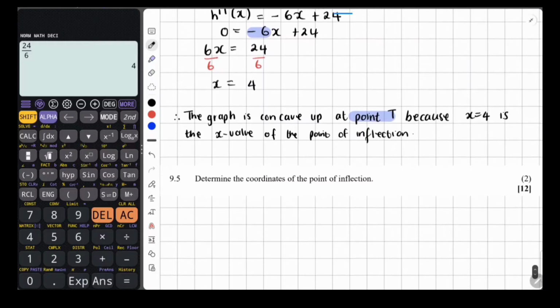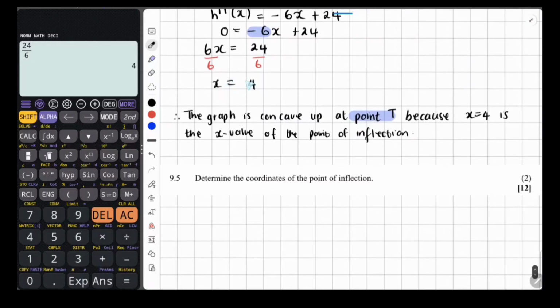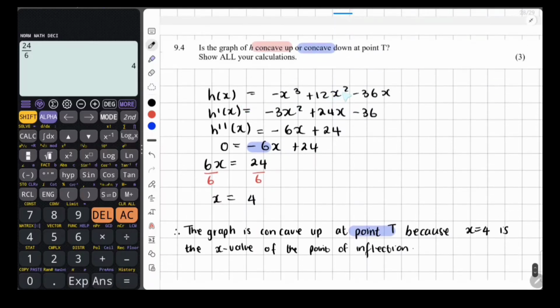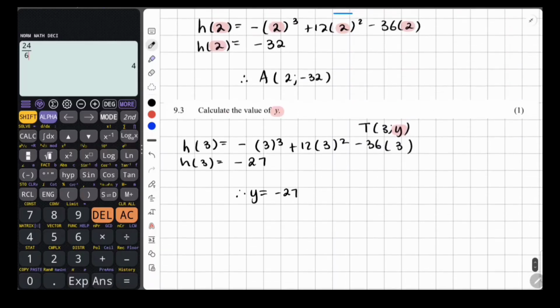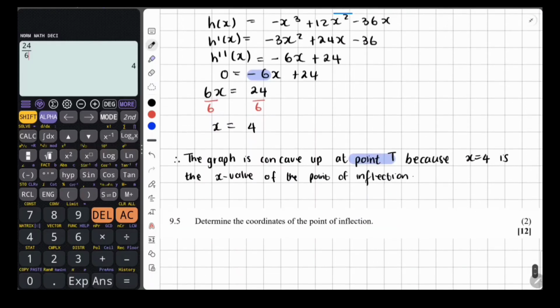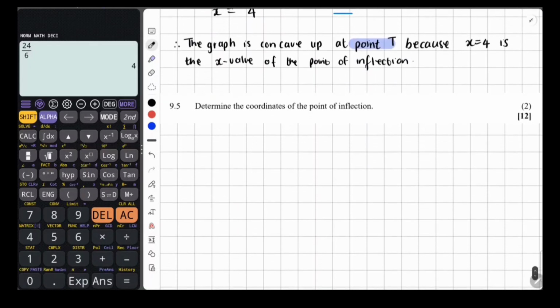So if they only gave 1 mark, if we know what the x value is, to find the y value, we would just have to substitute this into that equation. So I find it weird that if they only gave us 1 mark here for doing that, because we knew what 3 was and we just put it into this, then I feel as if this one might only give you 1 mark.